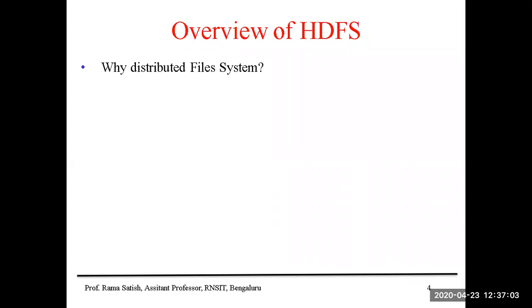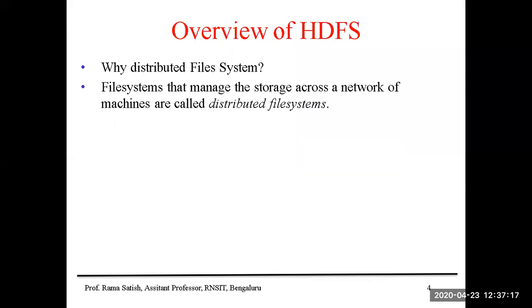Big data handling cannot be done with one computer. It has to be done through a series of networked computers. So a distributed file system is required. It is a file system that manages storage across a network of machines. We call it a distributed file system.